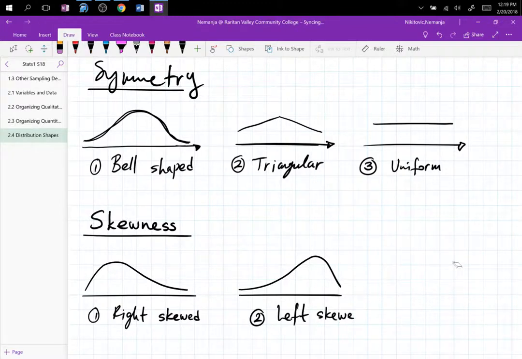And before you scream that it looks backwards, it's right skewed and left skewed.